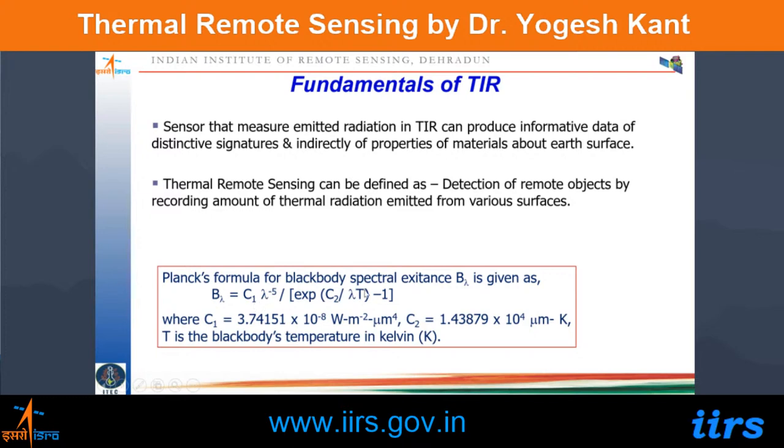It tells how much energy is emitted from a black body at a particular temperature and at a particular wavelength. So if we know the temperature and the particular wavelength, we can calculate the amount of radiation emitted from the body.